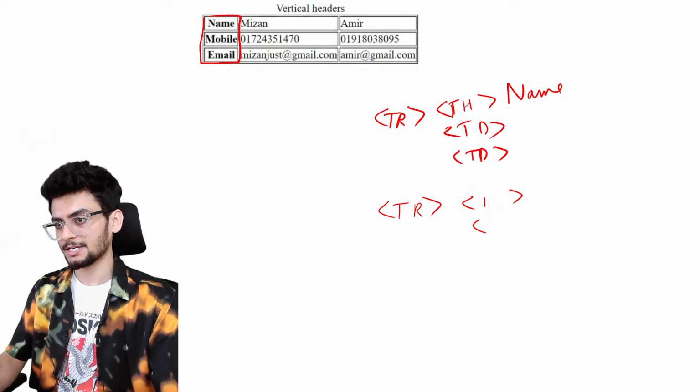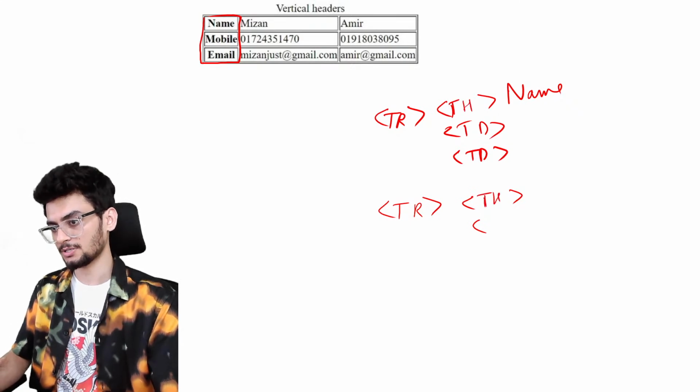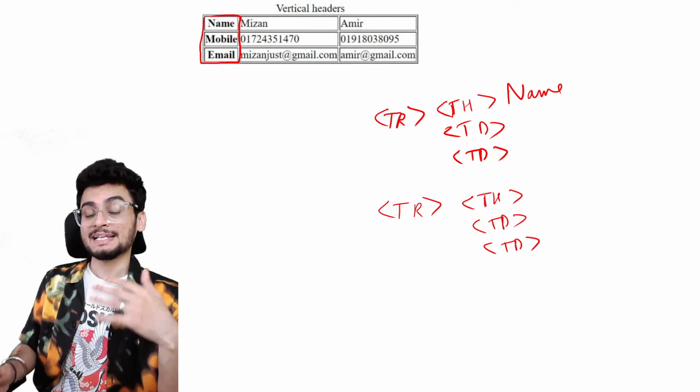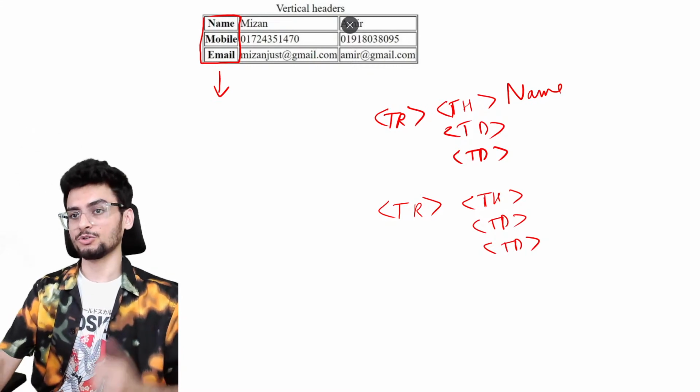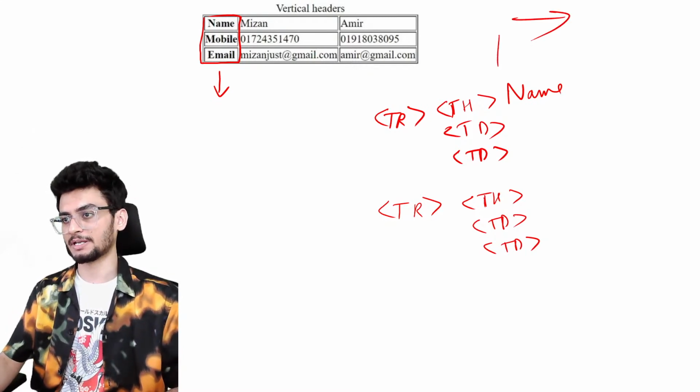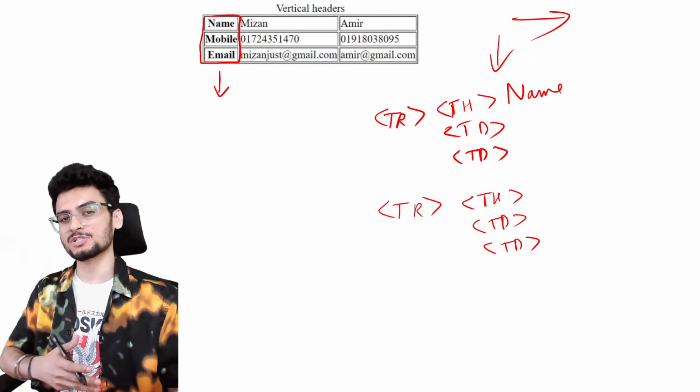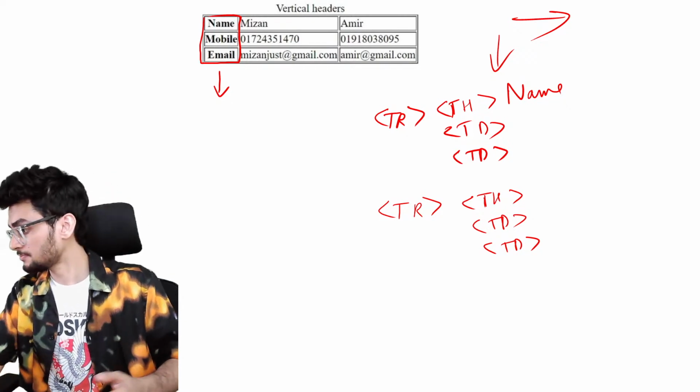Right, so this is TH, then TD, TD, again TH, and then TD and TD. Right, so in this way आप vertically भी headers लगा सकते हो. ठीक है, हम लोगों ने दो चीजें देखी, horizontal headers and vertical headers. So with this we have almost completed the 50% of tables.